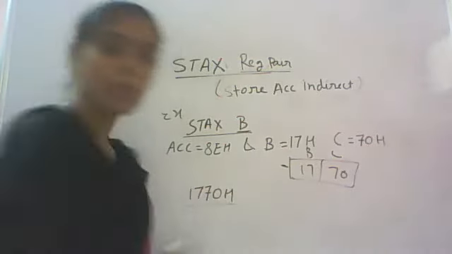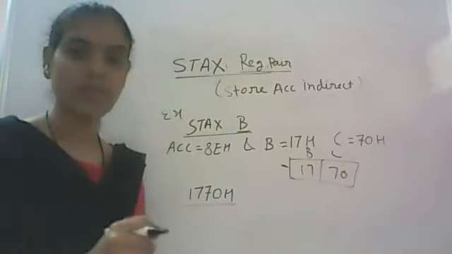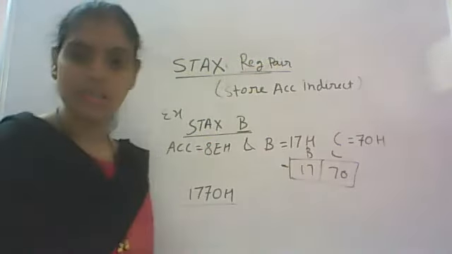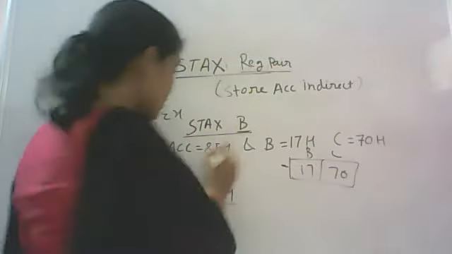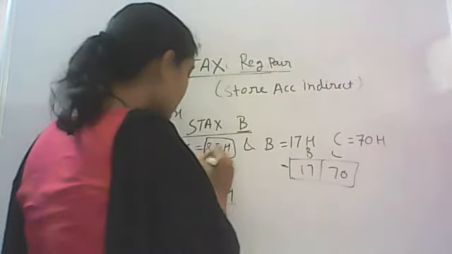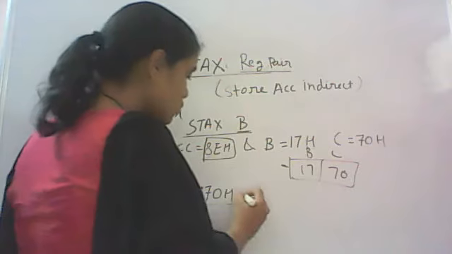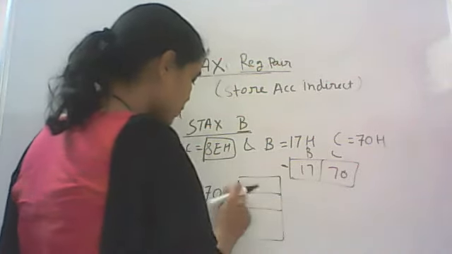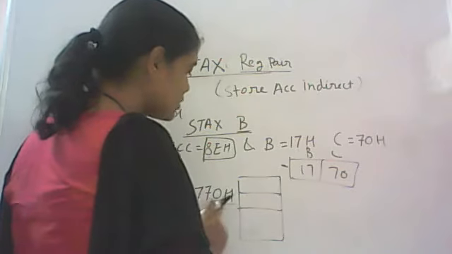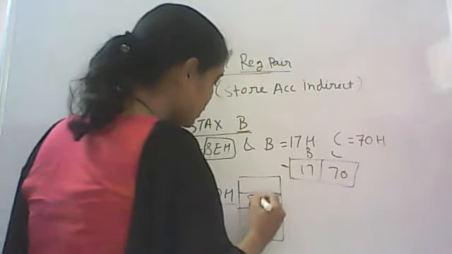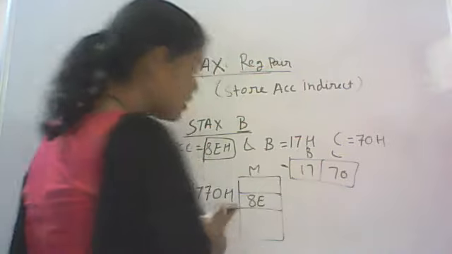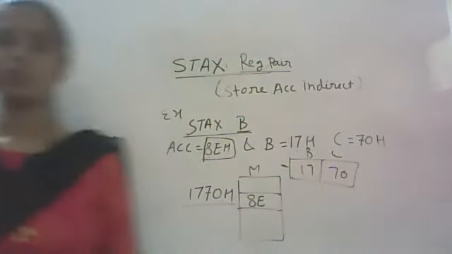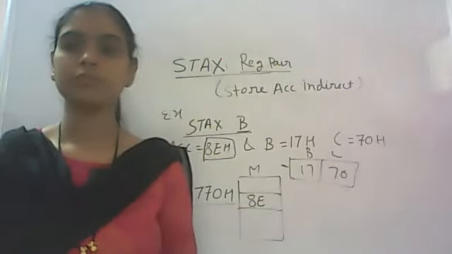So after execution, the accumulator content 8E is stored in memory location 1770. Okay, got it.